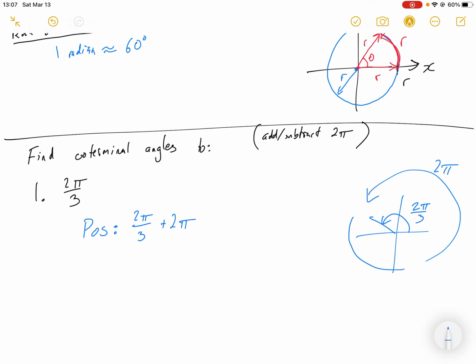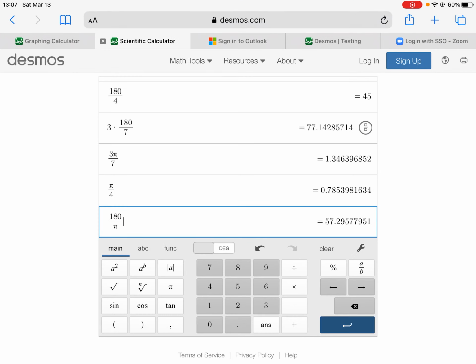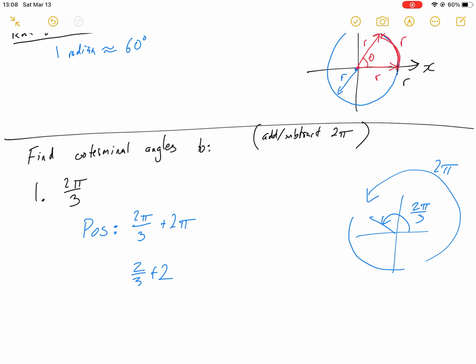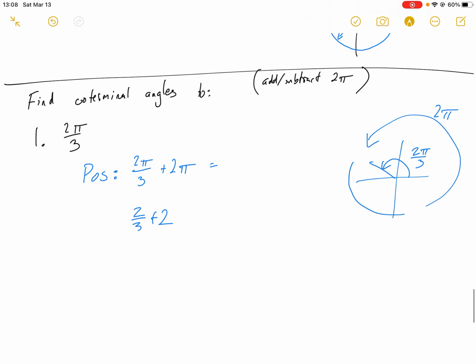What I usually do in these problems is I kind of ignore the pi's for a bit and just think about 2/3 plus 2, and then I'll throw the pi on later. I'm sort of factoring it out. And you can add fractions on calculators if you want to do it this way, or you could do it with a common denominator. So I end up with 8/3, and so we can just say that this would be 8 pi over 3, and that would be my final answer.